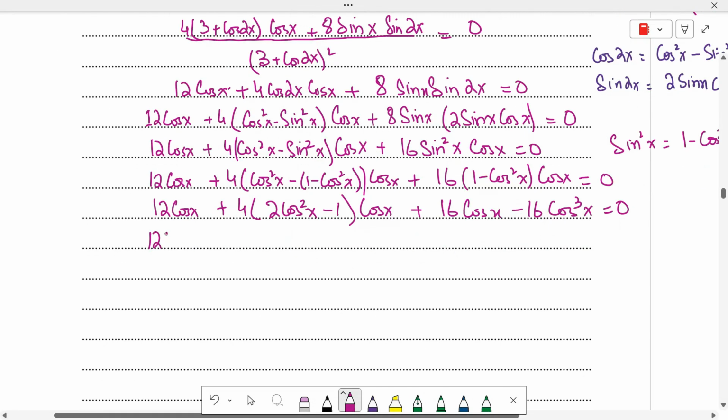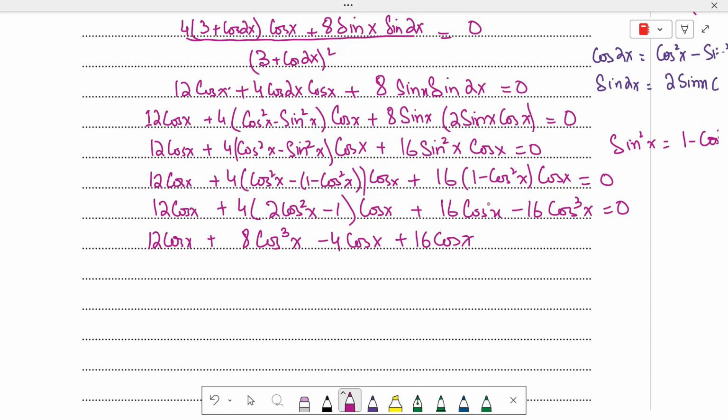Okay, 12 cos of x plus 4 times 2 cos squared x times cos x is 8 cos cube x. 4 times negative 1 times cos of x is negative 4 cos of x, plus 16 cos of x, negative 16 cos cube x equal to 0.